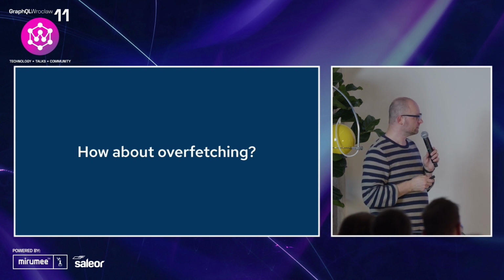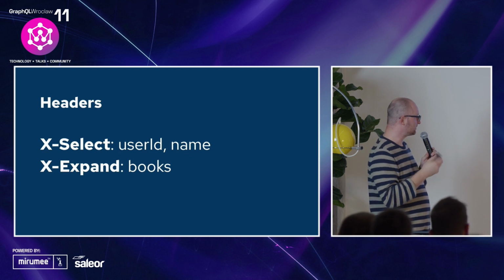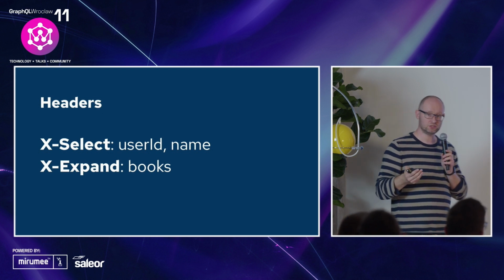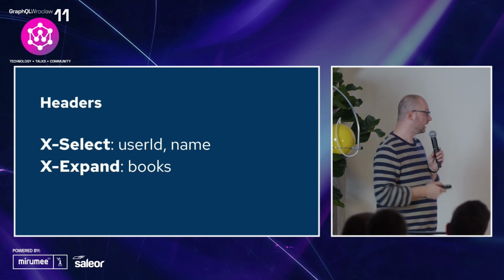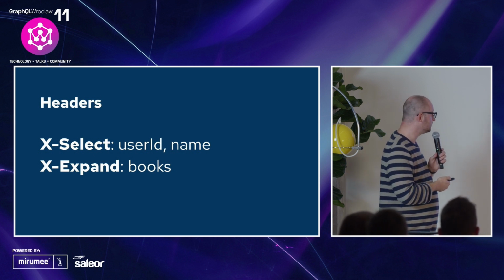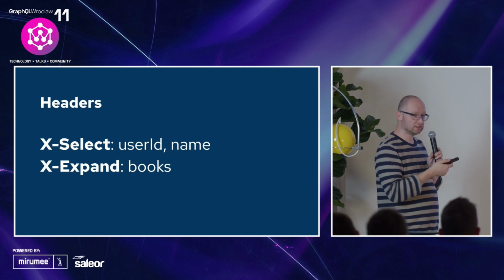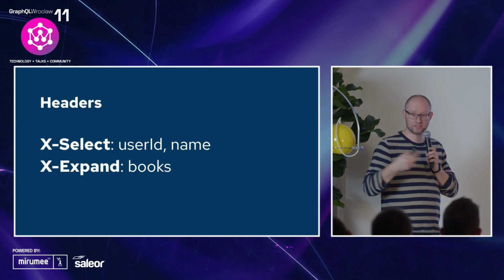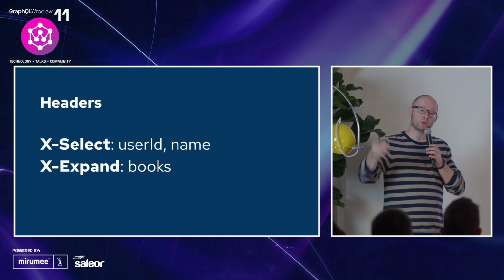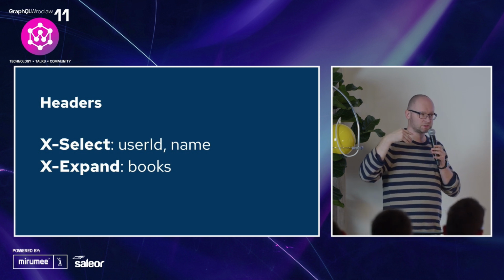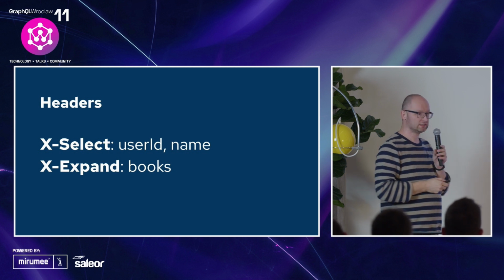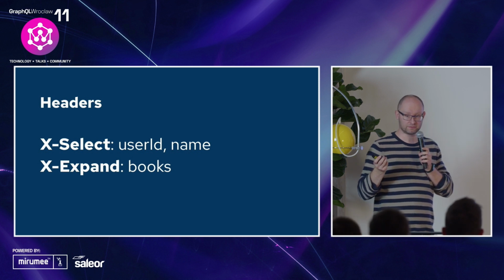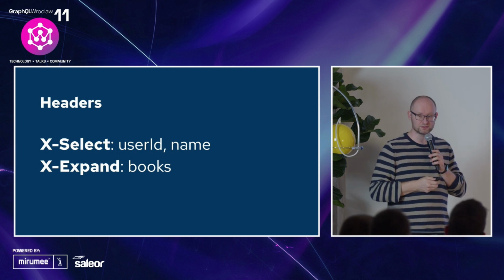However, you can do some micro tweaks. For example, you can ask your backend engineer to introduce two headers. If you want to select some fields, I do that successfully every time: we have a header that selects user ID and name, and the backend has a generic filter. When we get a result, we filter it back to the user so they only get user ID and name, and nothing else is sent. It still doesn't give us the ability to batch requests and things like that.